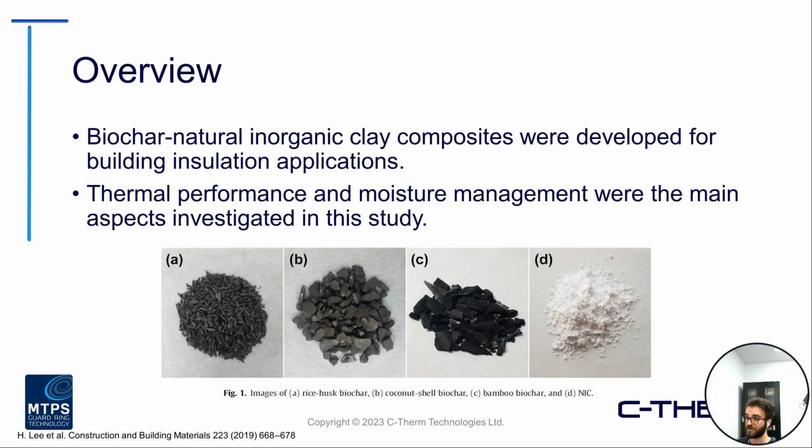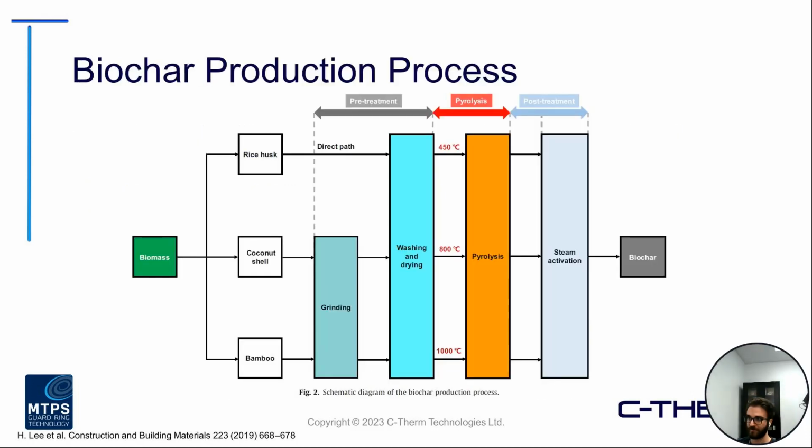These were mixed with an inorganic clay composite for the development of building insulation applications. So the thermal performance and moisture management were the main aspects of this study. You see a theme across these different materials, but thermal conductivity, moisture management, and mechanical strength are generally the three primary aspects of investigation.